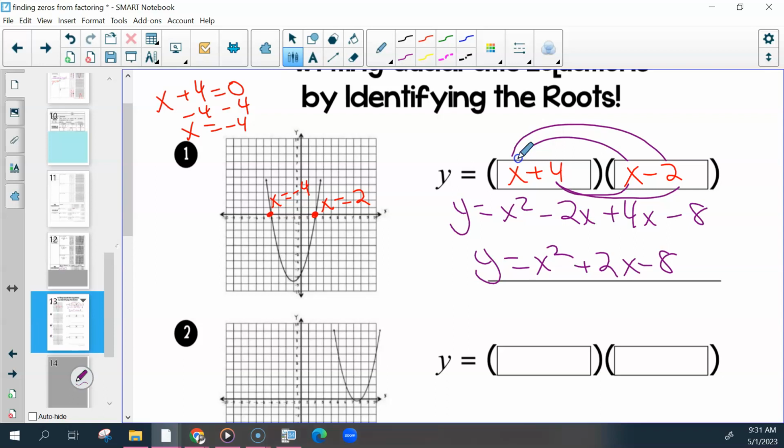So if I graph the y equals x squared plus 2x minus 8, and I graph the factored form, they should overlap. What questions do we have on that?